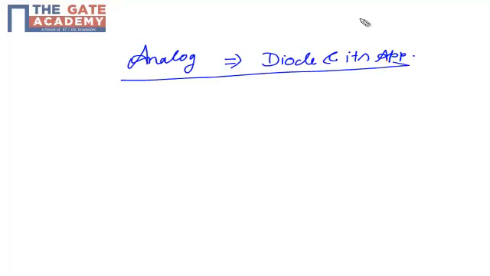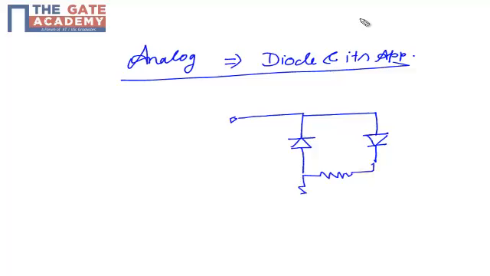In the question we have two diodes, D1 and D2, along with three resistors. Each resistor has a value of 2K.